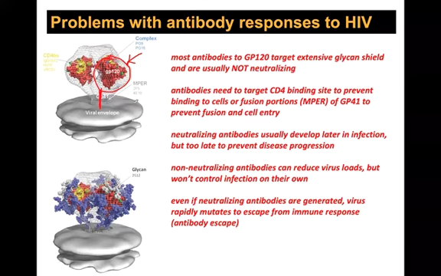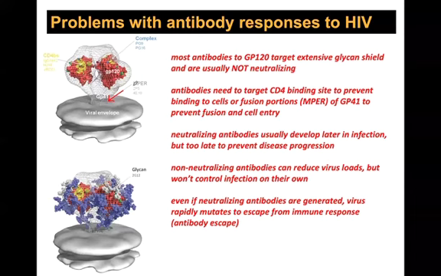And so in order to get antibodies that are neutralizing, you have to target parts of the protein that are exposed, that are either going to be the part of the GP120 that recognizes CD4, so it prevents binding, or there are antibodies that will recognize parts of GP41 called the membrane proximal region that will prevent the envelope protein from folding open and allowing fusion.